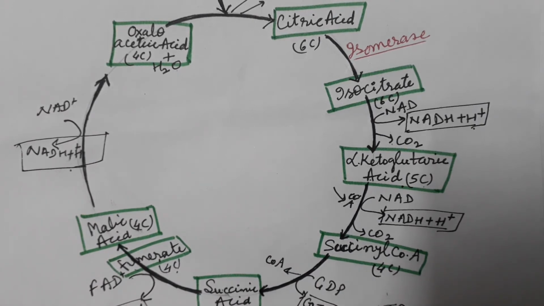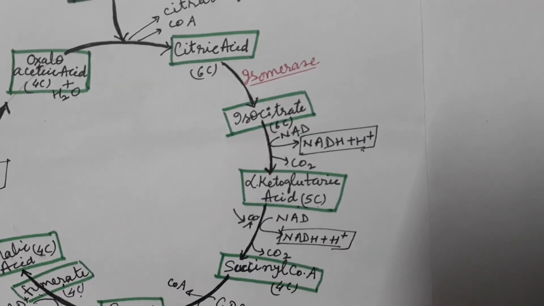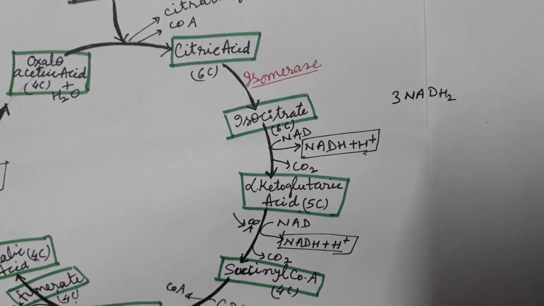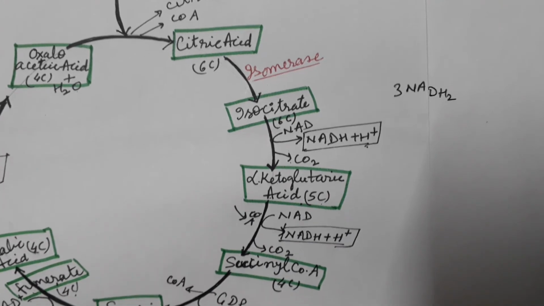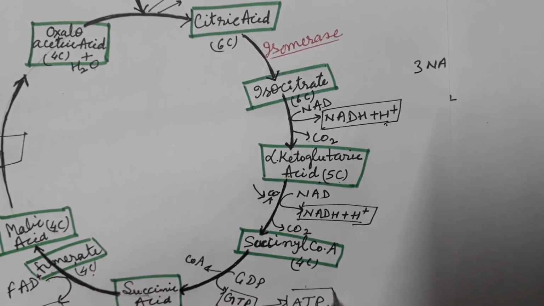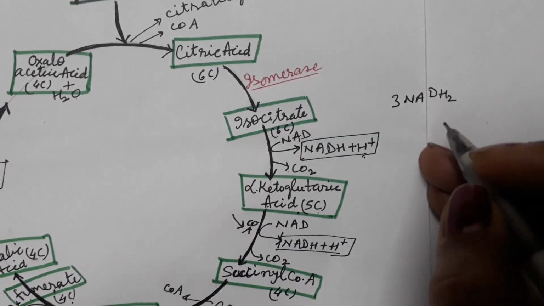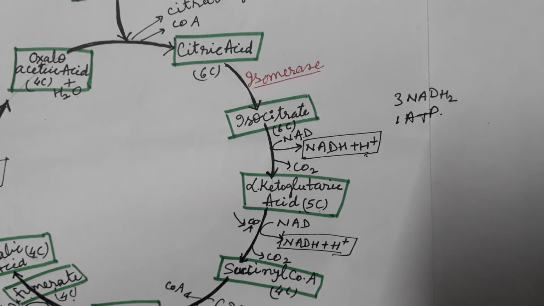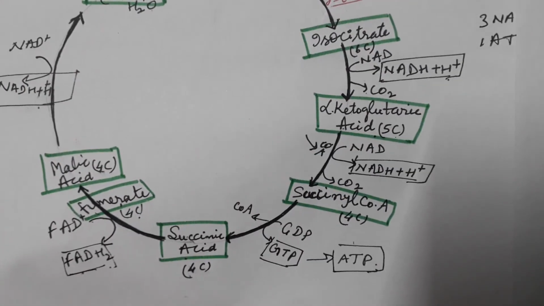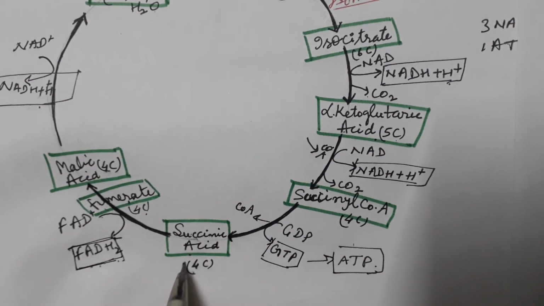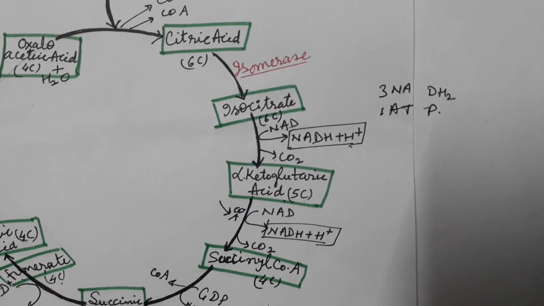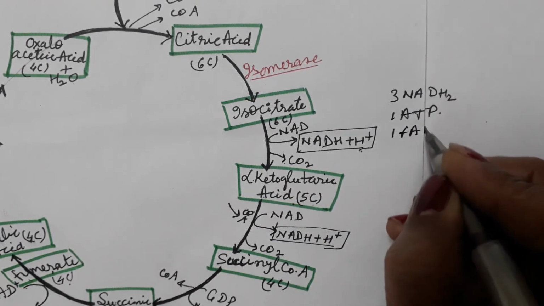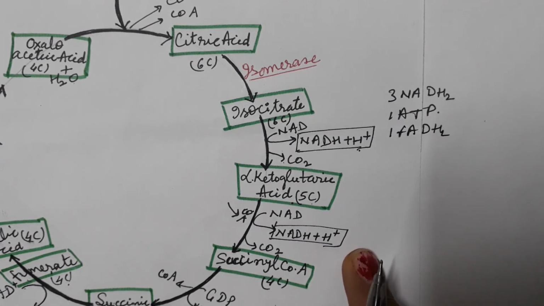So 3 molecules of NADH2 are produced in one Krebs cycle. 1 molecule of ATP is produced when succinyl coenzyme A is converted into succinic acid. And 1 molecule of FADH2 is produced when succinic acid is converted into fumarate. So 3 molecules of NADH2, 1 molecule of ATP and 1 molecule of FADH2 are produced in one Krebs cycle.